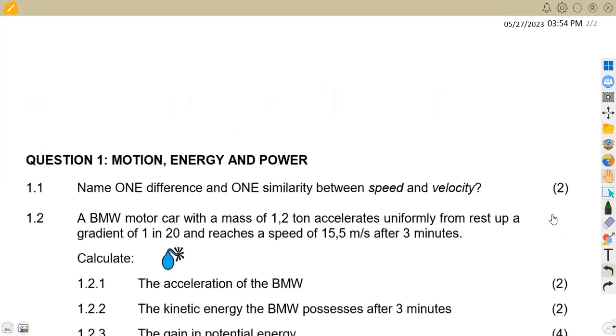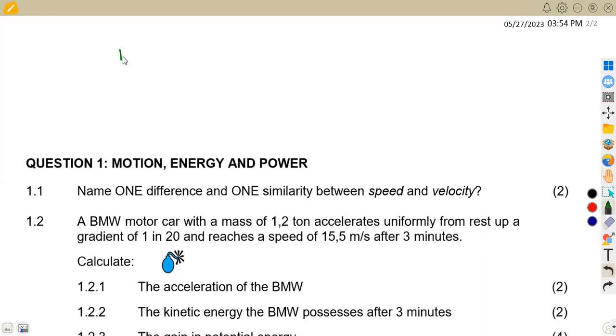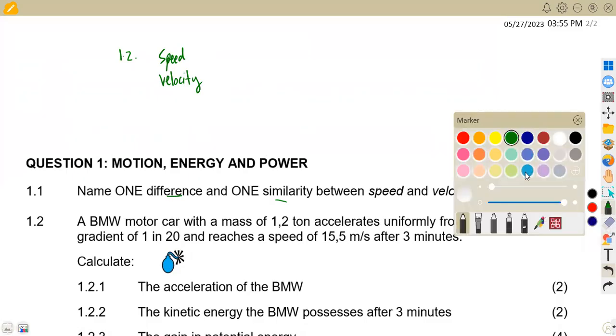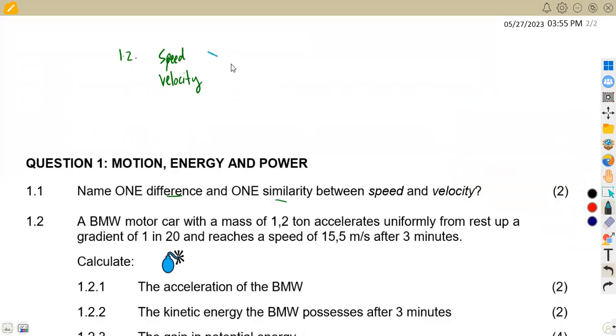Remember that speed and velocity share the same thing, which is the units of measurement. These two are measured in meters per second, which is the similarity in this case.